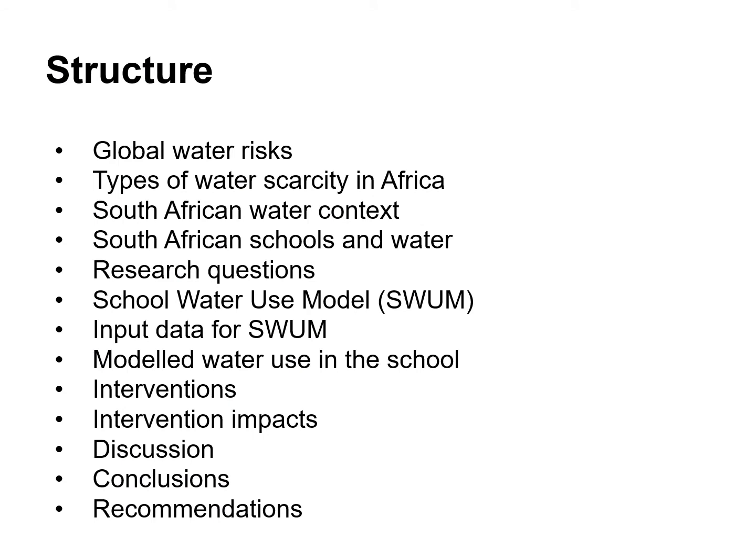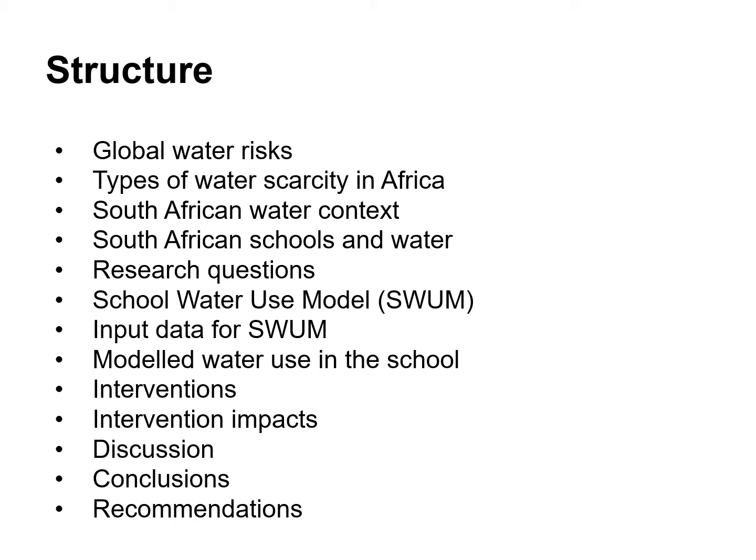In the paper, I'm going to cover global water risks and water scarcity in Africa, and then look at South Africa in particular in terms of the context and also schools themselves. I'll then go through the research questions that I look at in the paper.